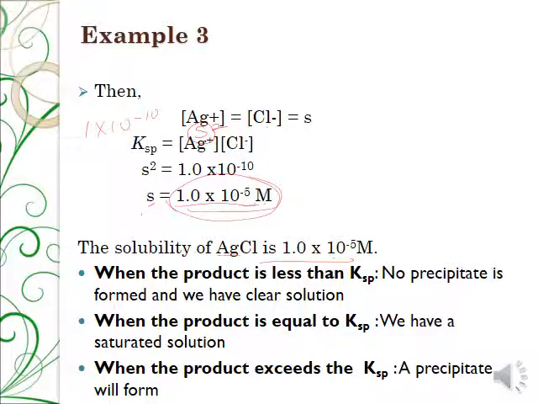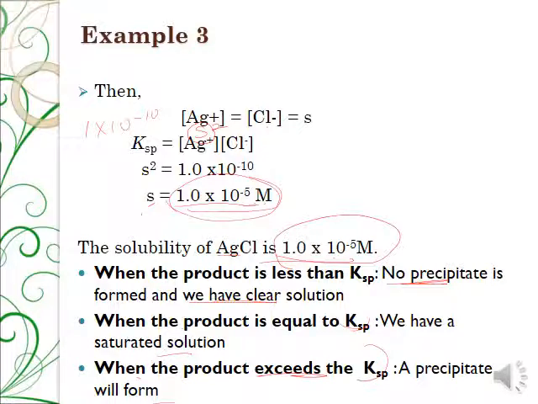Now there's a rule of thumb here. When the product is less than Ksp, no precipitate forms and we will have a clear solution. When the product is equal to Ksp, we will have a saturated solution. When the product exceeds the Ksp, a precipitate will form.